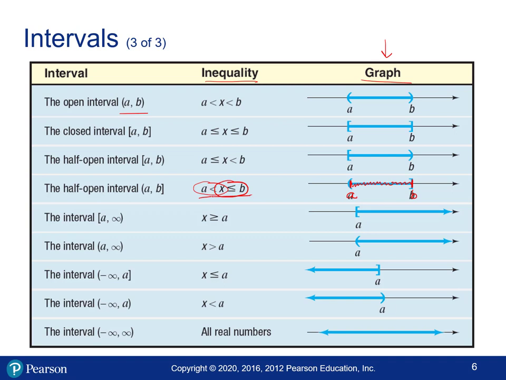And then there's no equal bar on the side with the a, it can't equal a, so I put a parenthesis, and then I say it's less than or equal to b, it can equal b, so I use a bracket. Okay, so that's what I normally do, and that helps me write my interval notation, which would look like this. So this is just an example of what you would use if you had numbers for a and b.